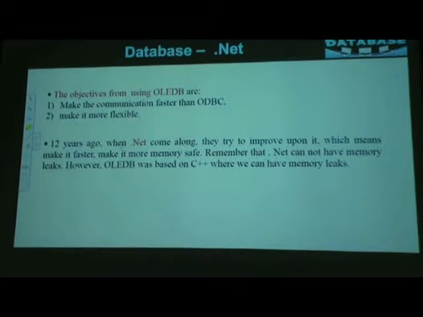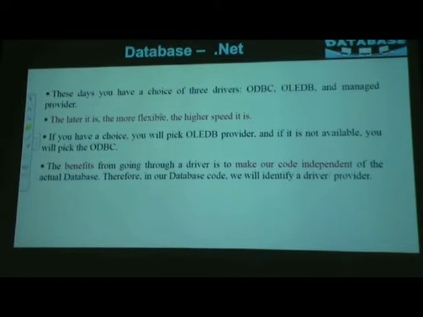12 years ago, when .NET came along, they tried to improve upon it, which means make it faster and more memory safe. Remember that .NET cannot have memory leaks. However, OLEDB was based on C++, where we can have memory leaks. These days, you have a choice of 3 drivers: ODBC, OLEDB, and managed provider.